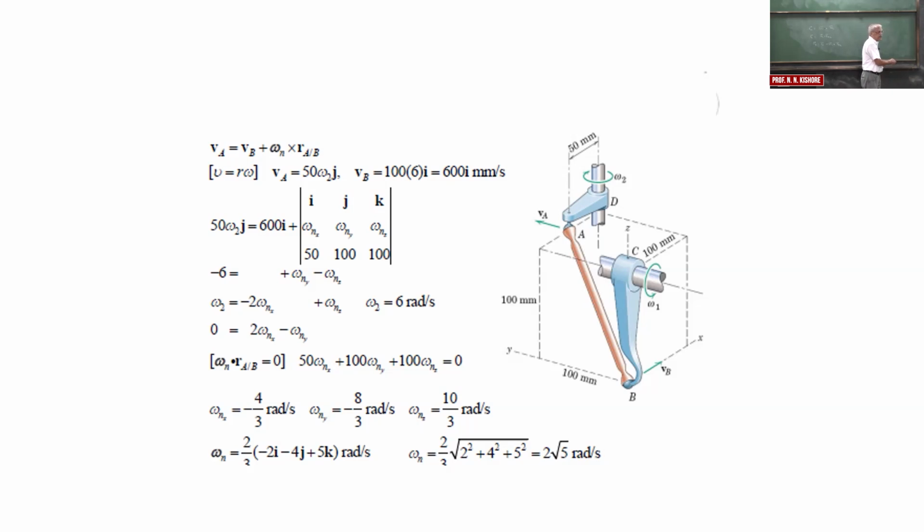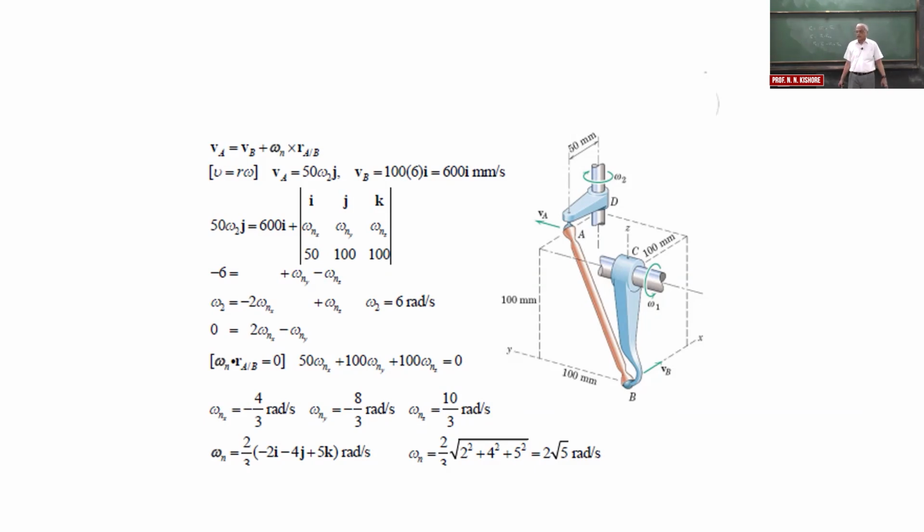So for this angular velocity vector along the direction AB, its dot product should be 0, meaning its component along AB is 0. That is the constraint, because AB is put as one ball and socket joint and another ball and socket joint, so it can rotate freely about its own axis.